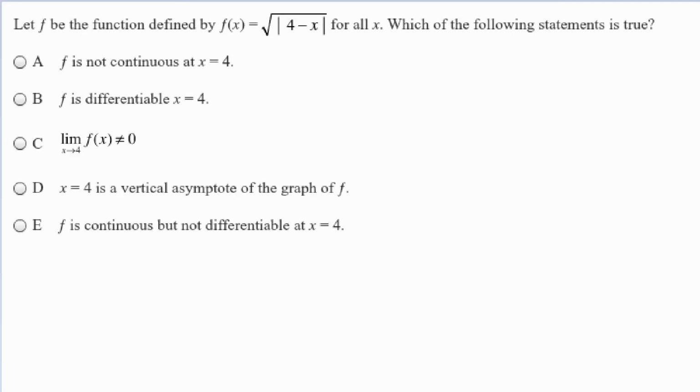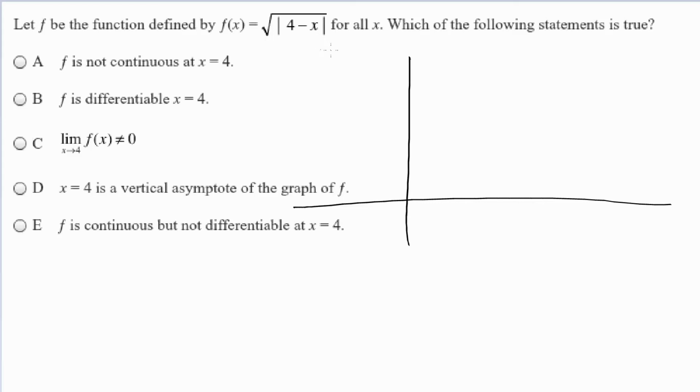All right, we've got a function defined by f of x equals the square root of the absolute value of 4 minus x, for all x. Which of the following is true? Well, let's graph that guy again first. Now, at x equals 4, something happens.